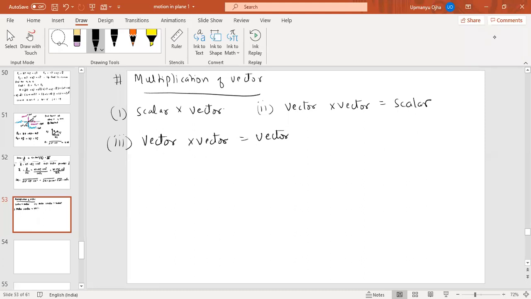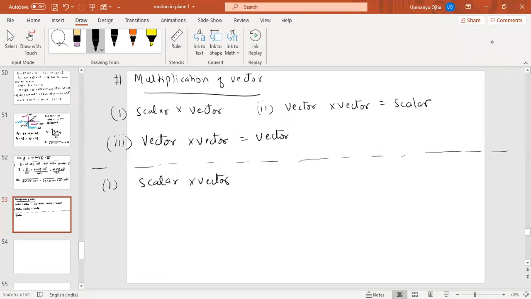So basically there are three ways of multiplying the vectors. First one is scalar with vector, then a vector with vector getting a scalar answer. Third one is a vector with vector and you are getting a vector answer. Let us discuss the first part, that is a scalar with vector quantity.